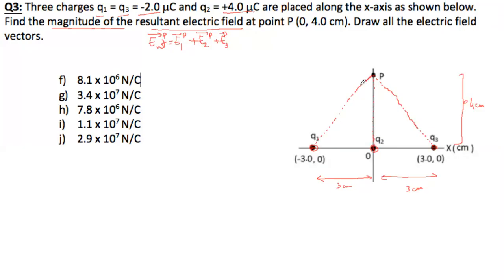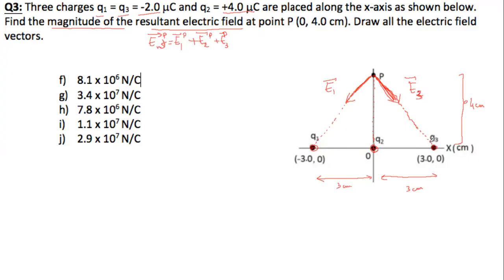So electric field is going in this direction. This is E1 at P. E3 at P is going in this direction. This is E3 at P. It's not really nice, but you understand that this is E3.